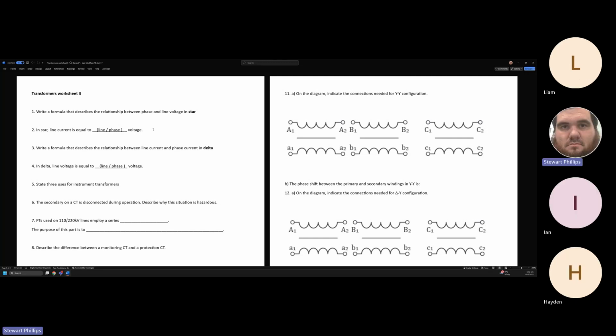Checking you guys are able to hear me. So yeah, what formula describes the relationship between phase and line voltage in star?